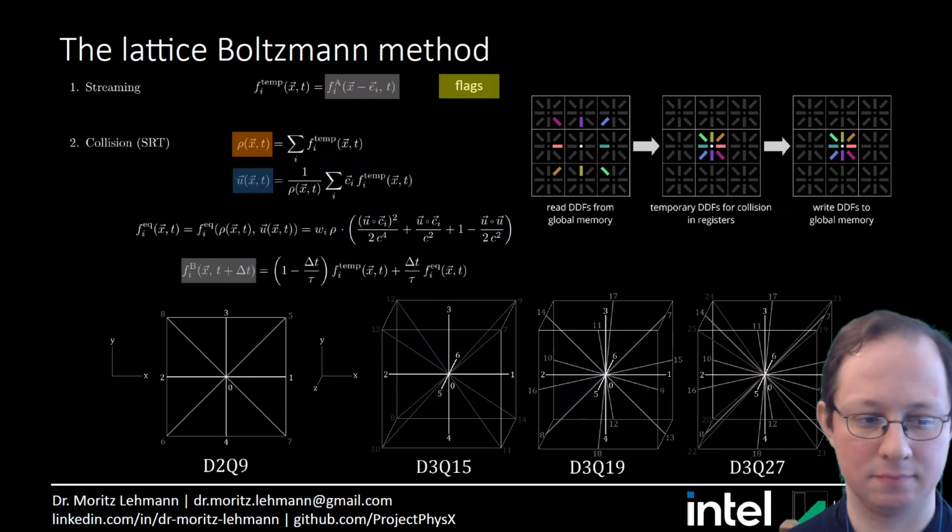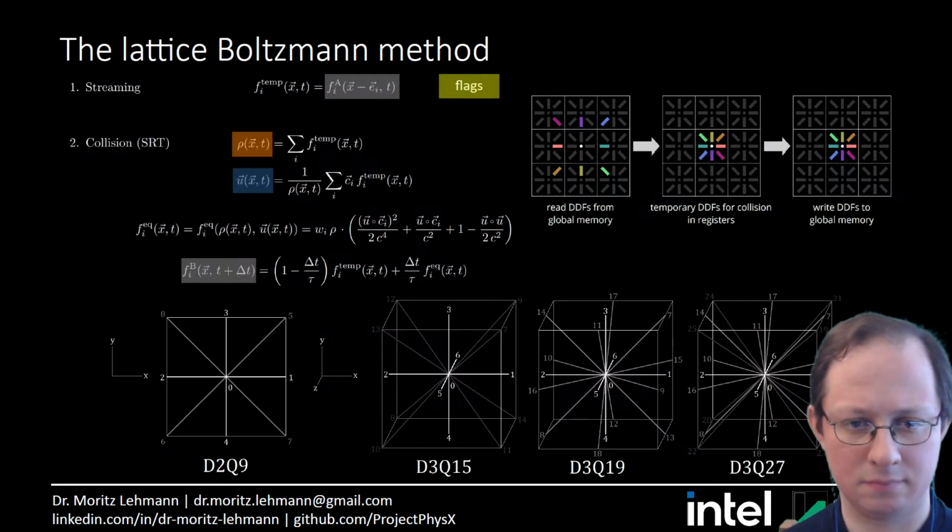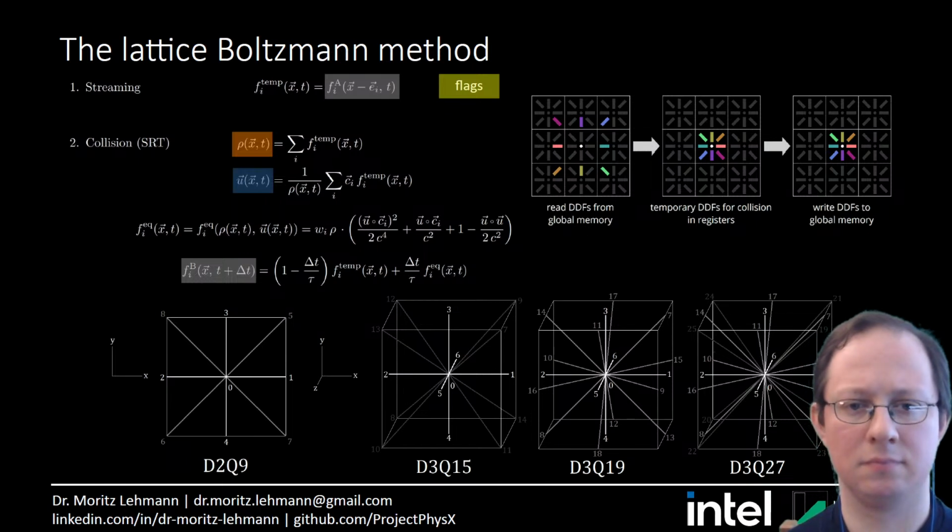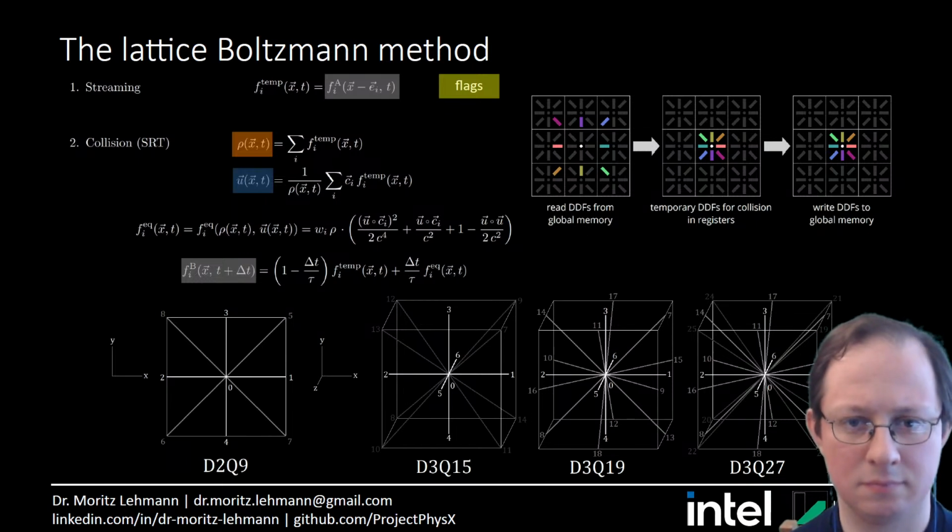And in the collision, it is computing the density, which is directly proportional to the pressure as it's isothermal, and the velocity of every grid cell just by summation of these so-called density distributions, the f with the lowercase i.